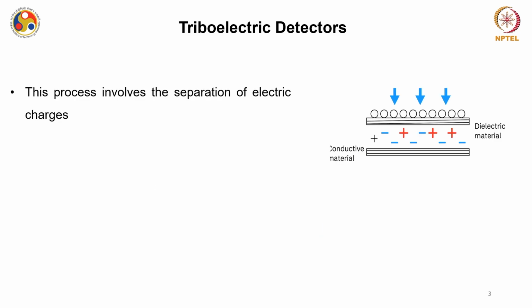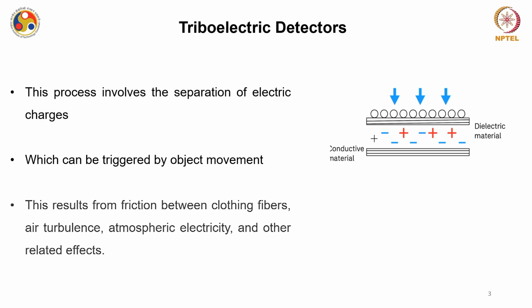So if you see this triboelectric effect, the process itself involves the separation of electric charges, which can be due to mechanical friction. This is mostly triggered by the object's movement on a carpet or any other dielectric or charged surfaces. This results from friction between clothing fibers, or air turbulence, atmospheric electricity, or other related effects. It can be any of these.